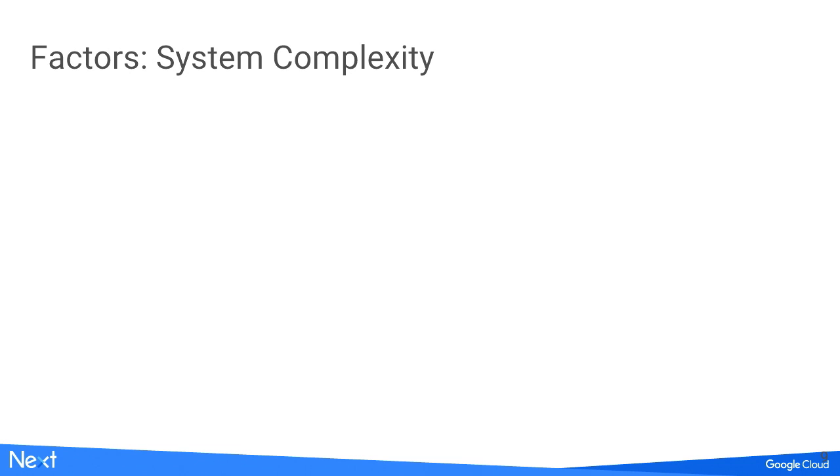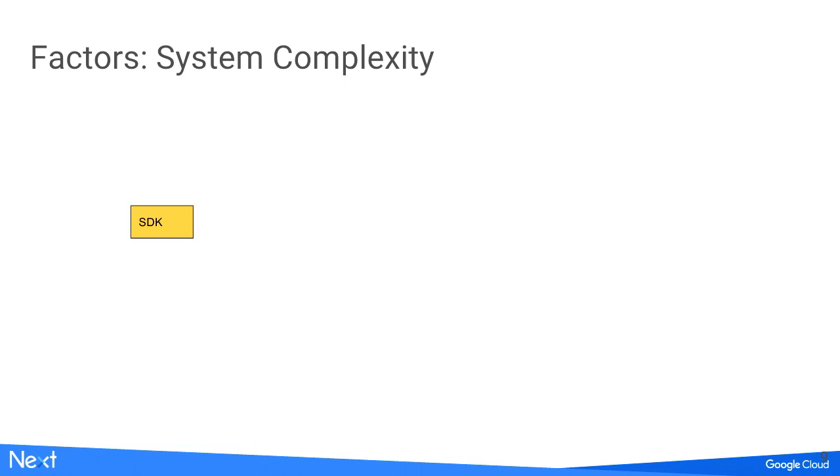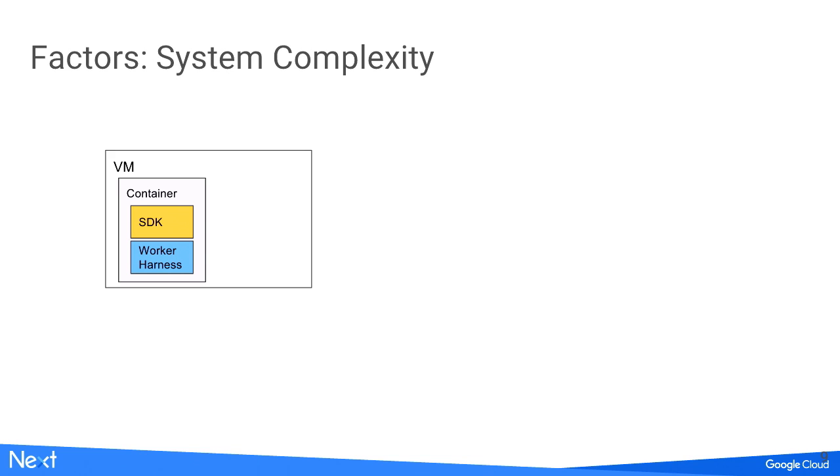Another factor related to the execution environment is system complexity. Your application uses an SDK, right? And when it runs, that SDK runs on some kind of a worker harness, a thing that takes your API calls and puts them in a system. And that runs in some kind of a container that runs on a virtual machine that may be running multiple containers, right?